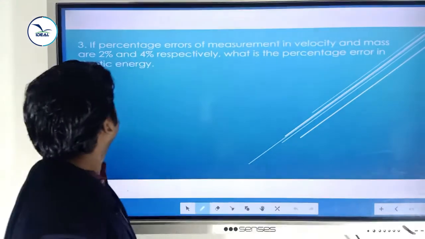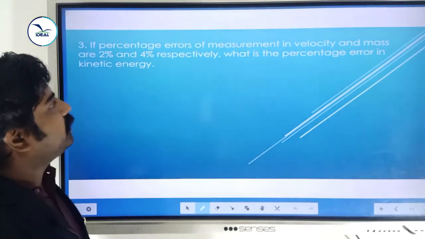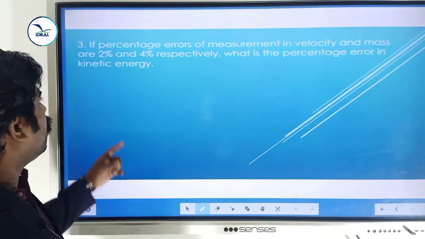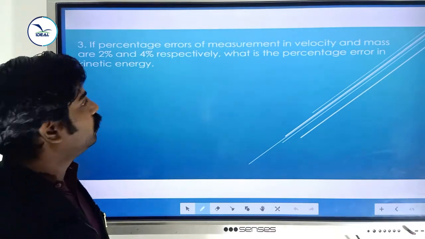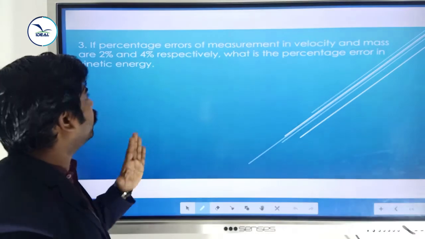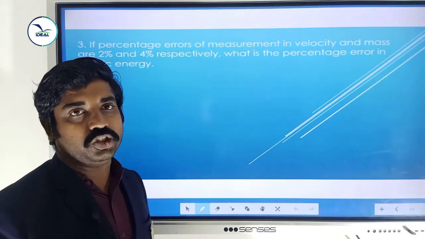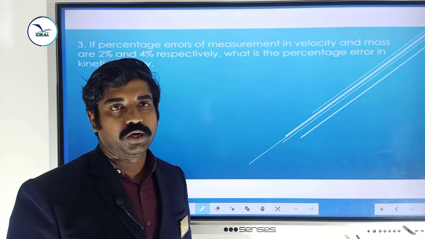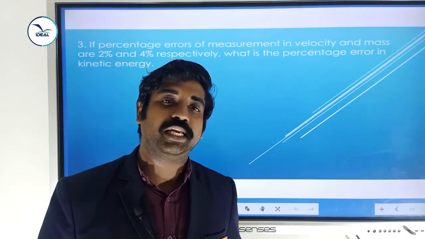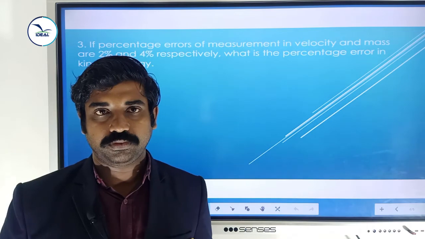Then the next question: if the percentage errors of measurement in velocity and mass are 2% and 4% respectively, what is the percentage error in kinetic energy? We want to get the percentage error in kinetic energy.